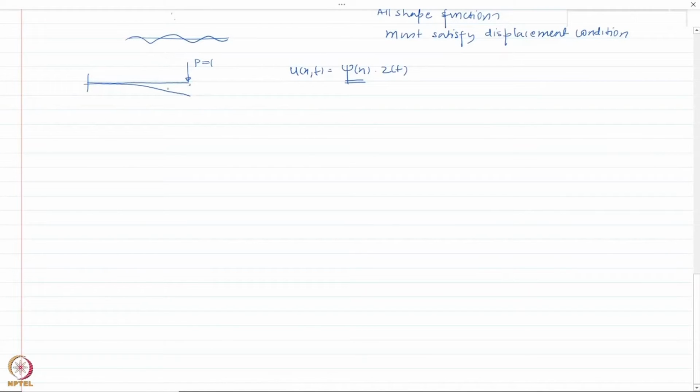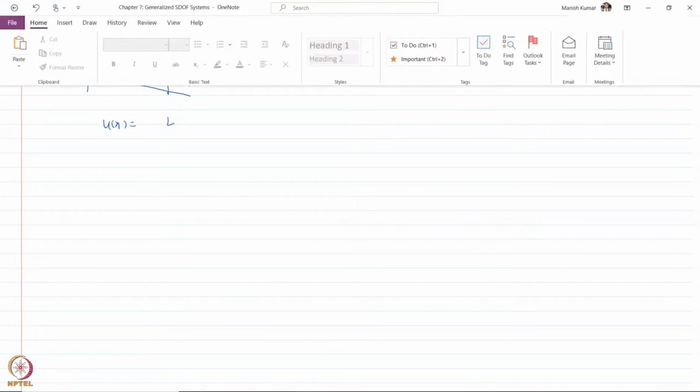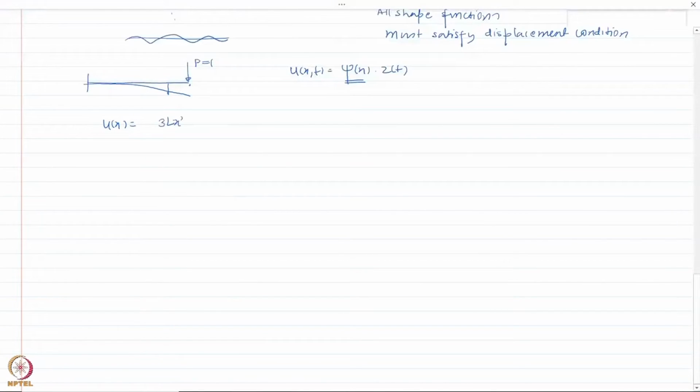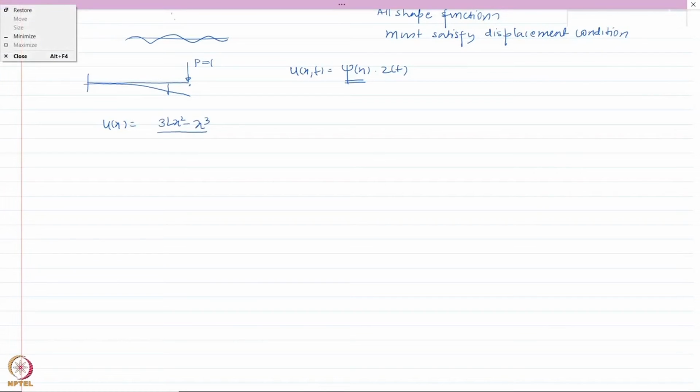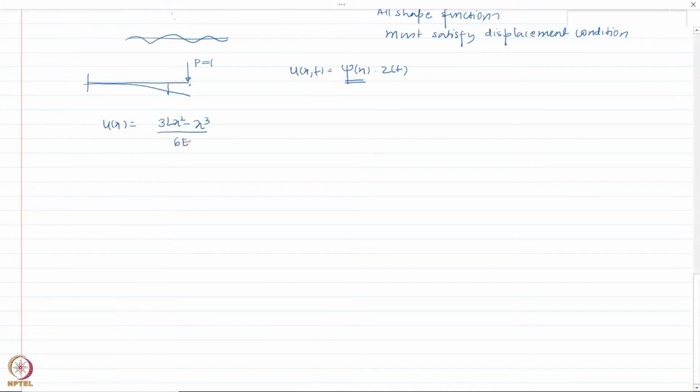U x equal to 3L x square minus x cube, divided by 6 E I. This is the actual deflected shape.